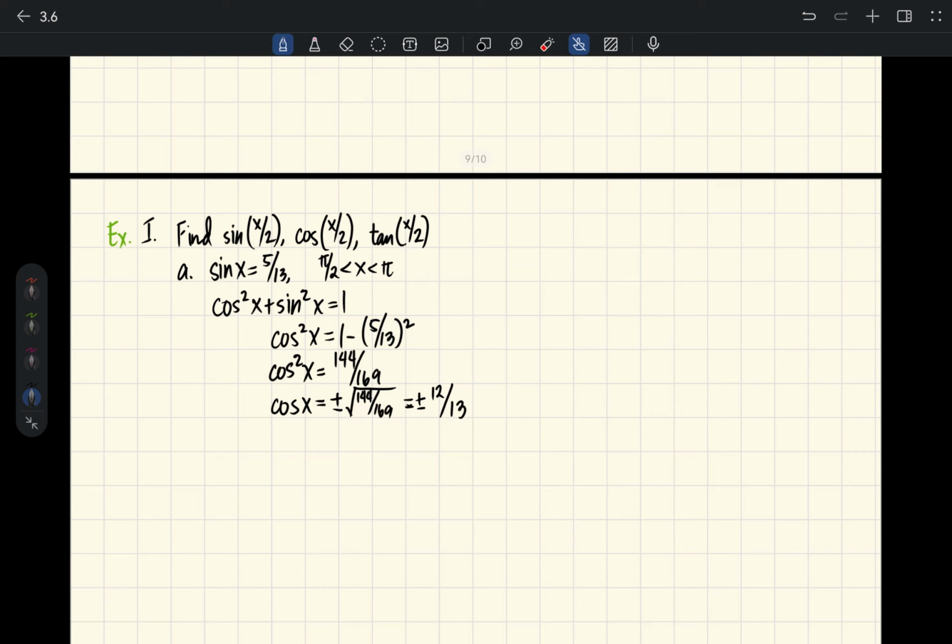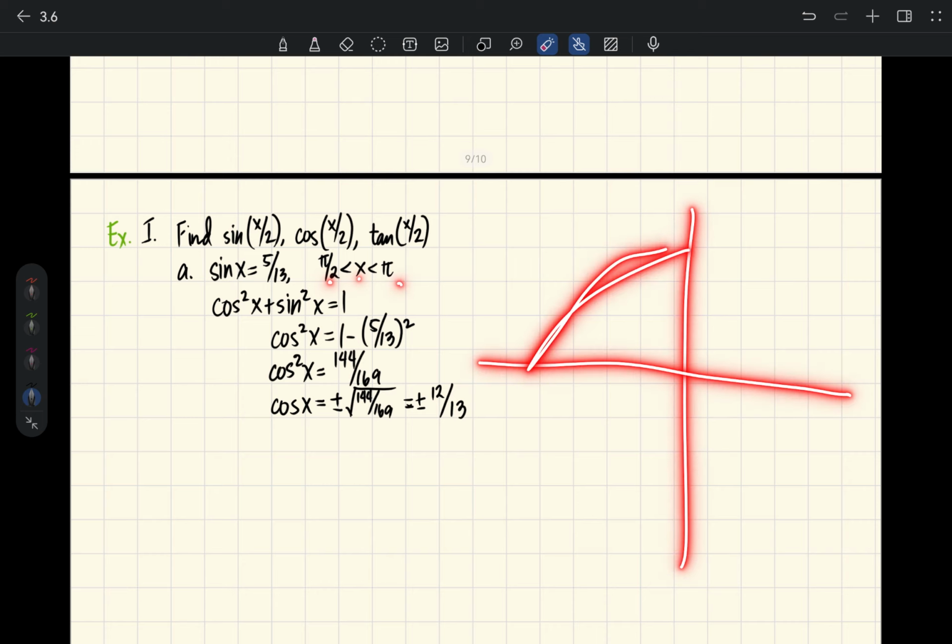However, which value of cosine x do we need to use? Would it be the plus or the minus? Take note, your x is in between pi over 2 and pi. That means we're looking at this portion of the unit circle, and we're talking about quadrant 2.